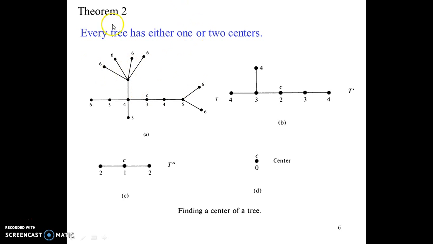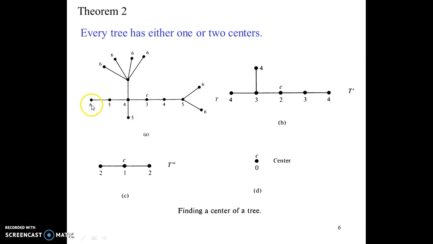Consider this tree. Now let us see how we computed the values 3, 4, 5, 6 and so on in this tree. To compute the value for each vertex, find its eccentricity. Now let us see how to find the eccentricity of this vertex. The distance from this vertex to this vertex is 3.